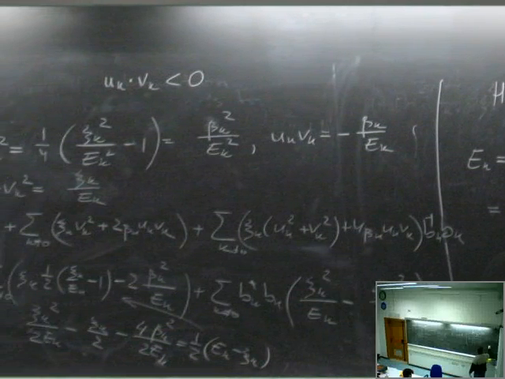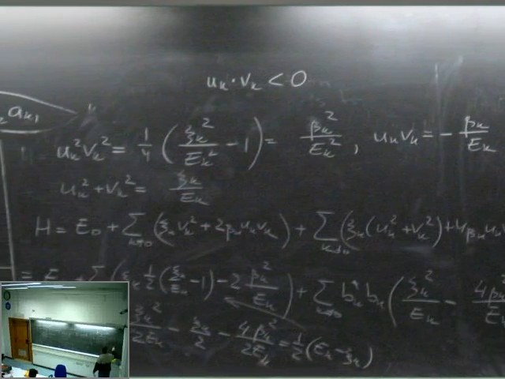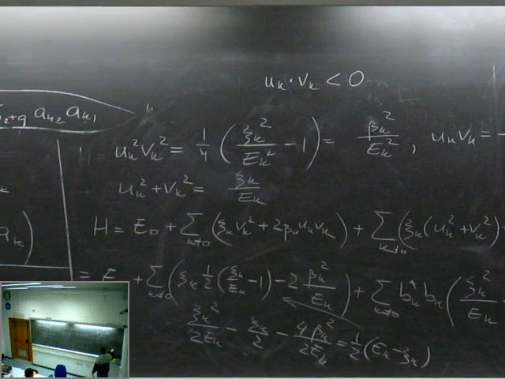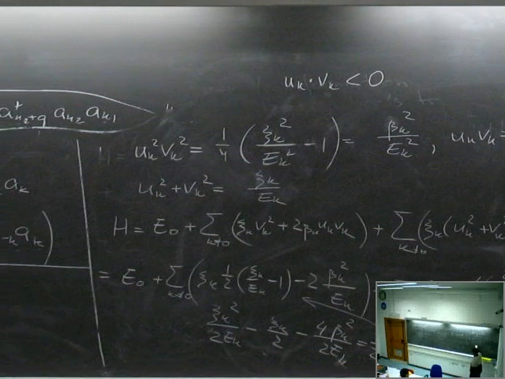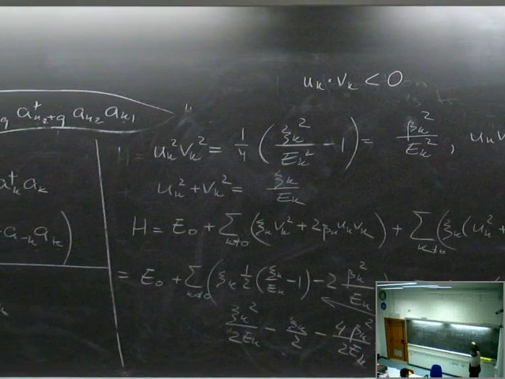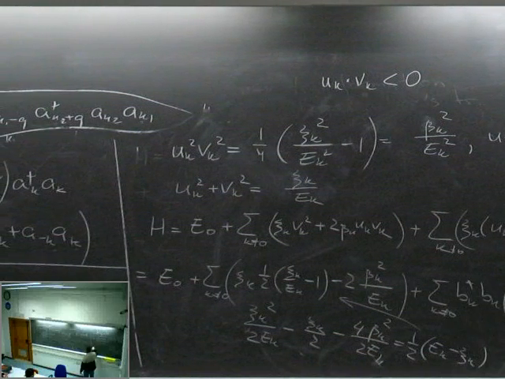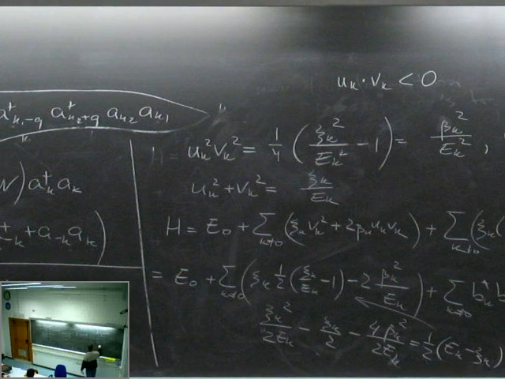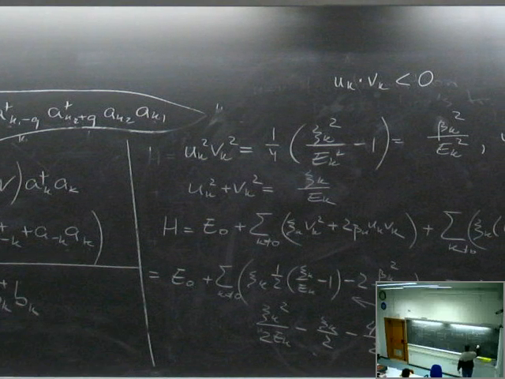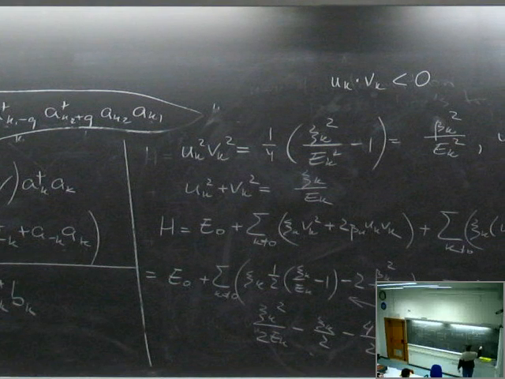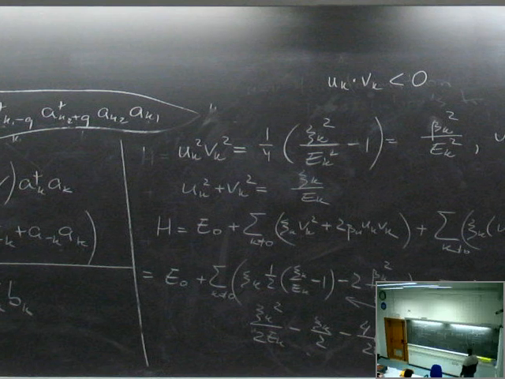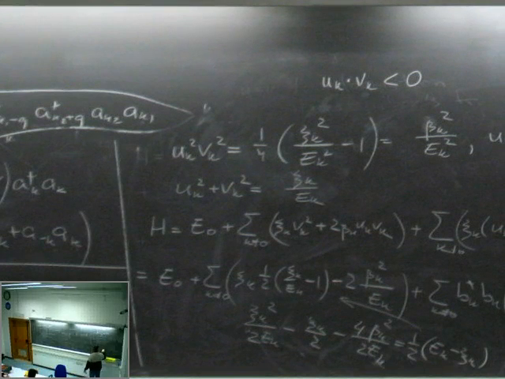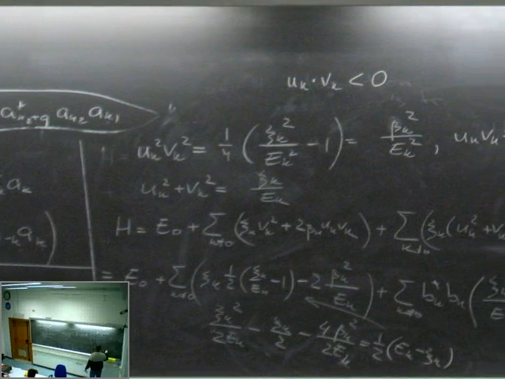Therefore, if h k is smaller than 2mc, I can drop the second term, and my epsilon k is equal to c times h k if h k is smaller than 2 times mc, or it's free h square k square over 2m if h k is larger than 2mc.